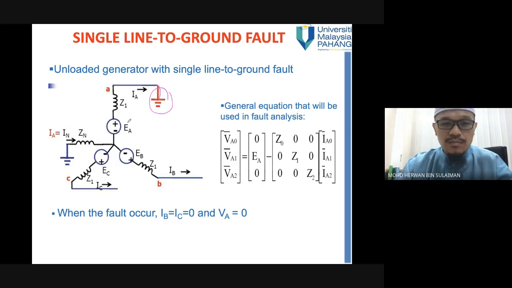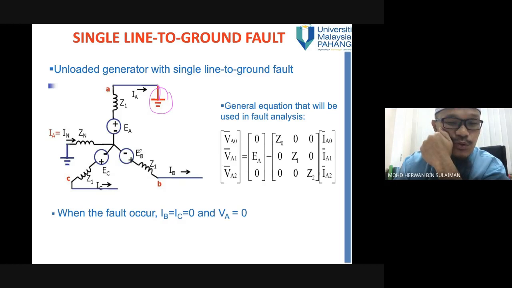When this line is shorted to ground, as we know, the current will look for the shortest path to ground. That is the behavior of the current.